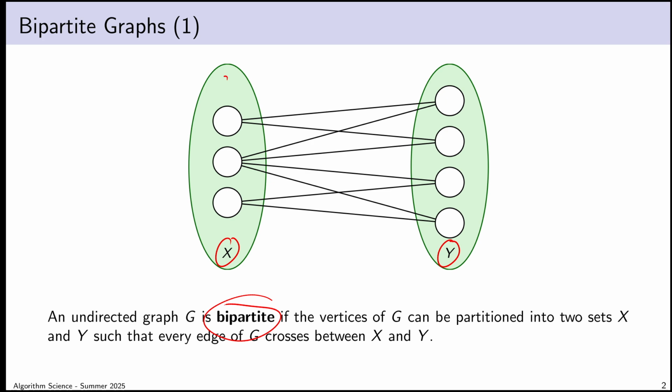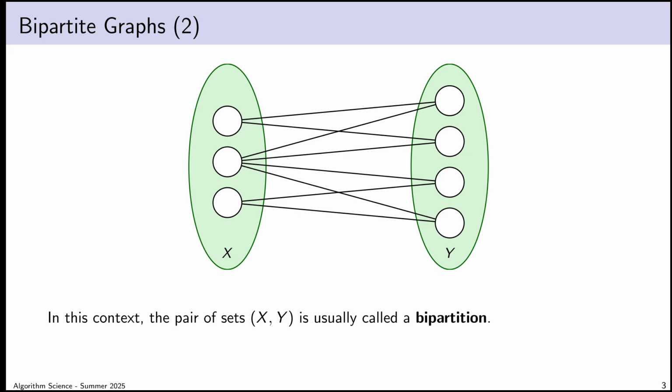So there's no requirement that any vertices have any particular edges attached to them, only that if there is some edge in the graph, it must cross over between X and Y. So it would not be allowed, for example, to have an edge between two vertices in X or between two vertices in Y. If you can find some way of dividing vertices like that, then we say that the graph is bipartite, and we say that the two sets that you came up with, X and Y, constitute a bipartition.